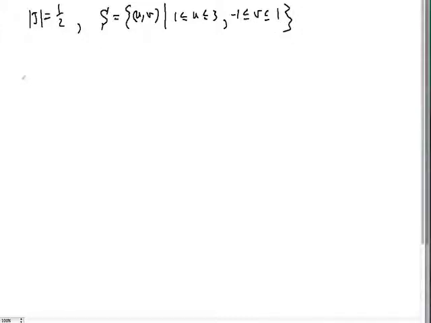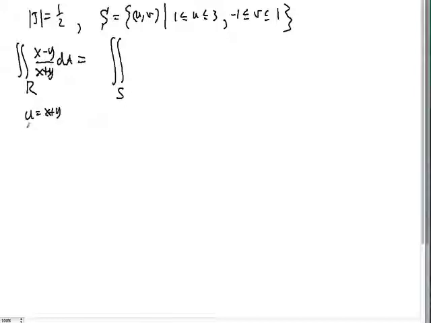So a nice little box. What we have then is the integral over our region R of the function (x minus y) over (x plus y) dA, which is now going to be equal to the integral over S, and I said that u was equal to x plus y, and v was equal to x minus y.